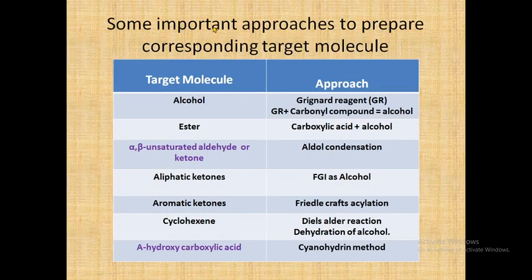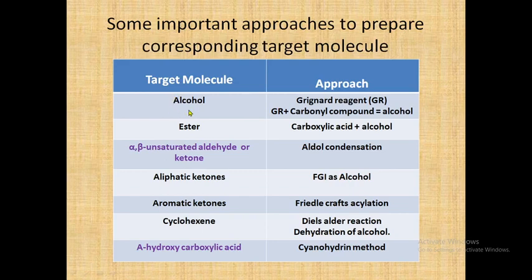Here I am discussing some important approaches to prepare the corresponding target molecule. If some target molecule is given to you, how can we achieve that synthesis? So you should know some basic approaches.